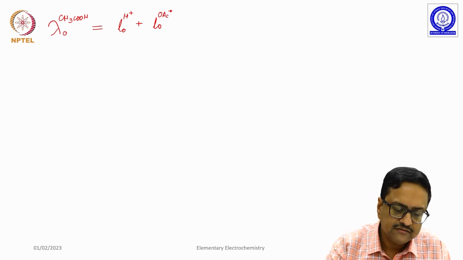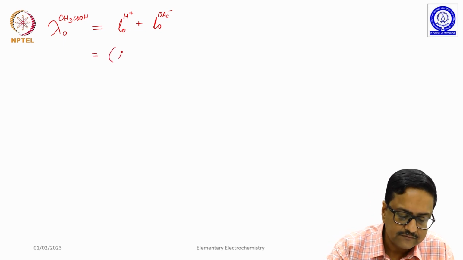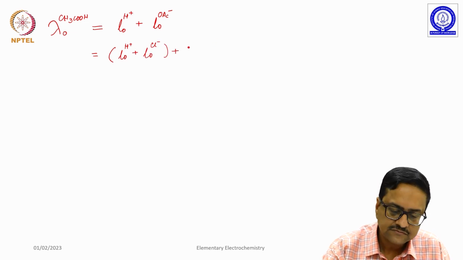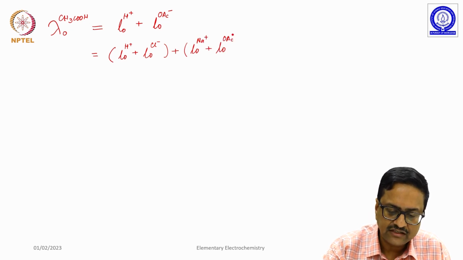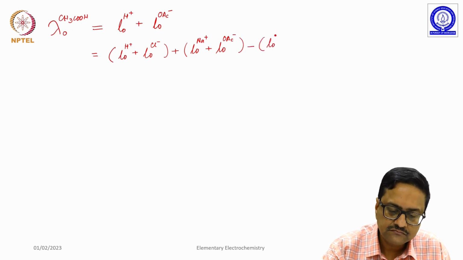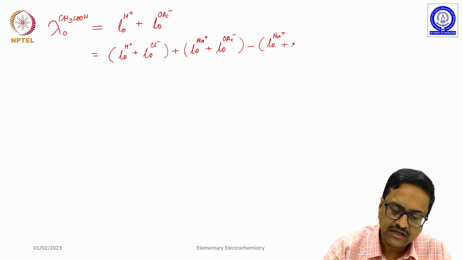So now the values of L0 for H plus and OAc minus can be rearranged like this: L0 of H plus plus L0 of Cl minus plus L0 of Na plus plus L0 of OAc minus minus L0 of Na plus and L0 of Cl minus.